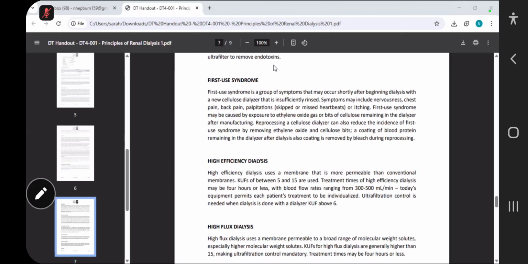You all haven't gone through the complement system yet, but that is where the complement system comes in. Your complement system is your immune system, right? That's coming into action. So that's why when you have first use syndrome, they'll get fever also, because your whole immune system is coming in. In the 40-page handout, when you all go through it, you will see they sent you the complement system.